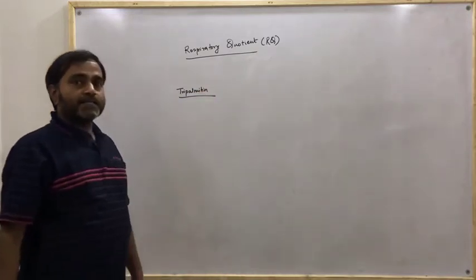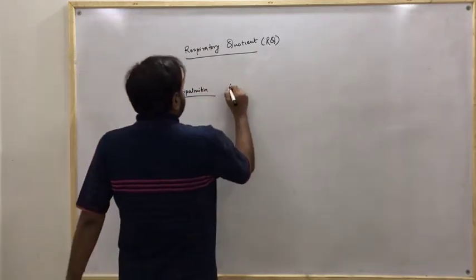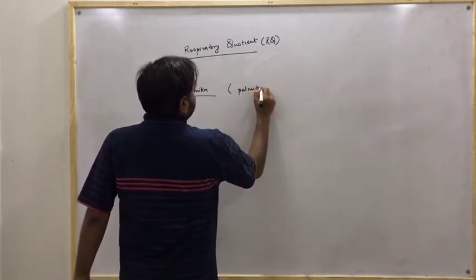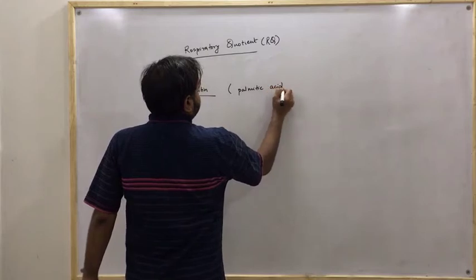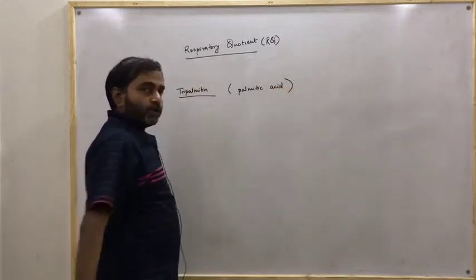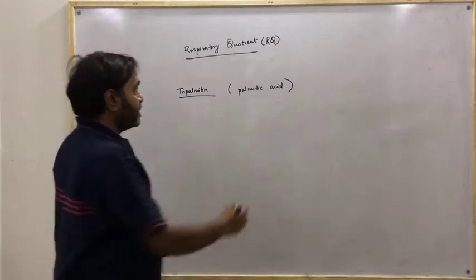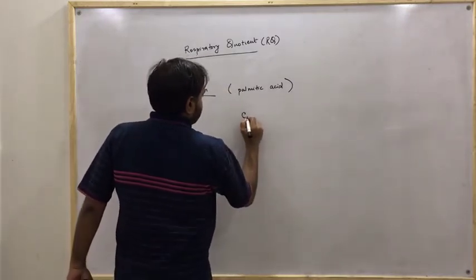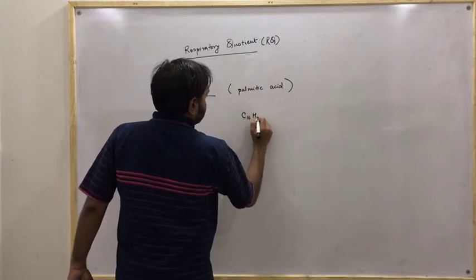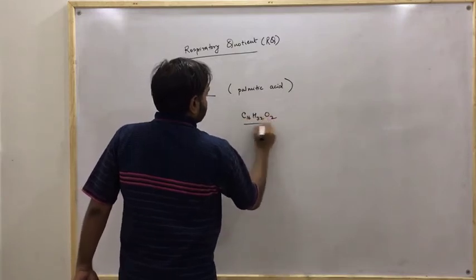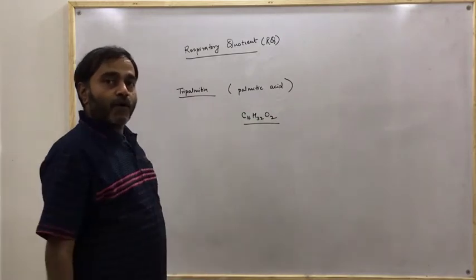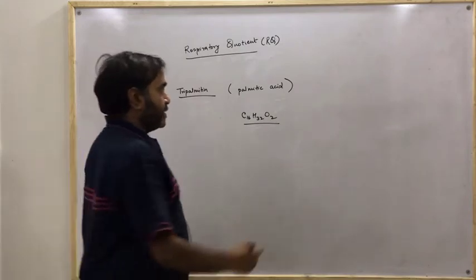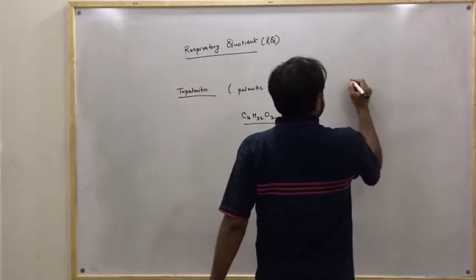And tripalmitin is constituted of palmitic acid. We know the formula for palmitic acid. Palmitic acid is given by the formula C16H32O2, and since fats are formed by the reaction of glycerol with fatty acid, we can represent it like this.